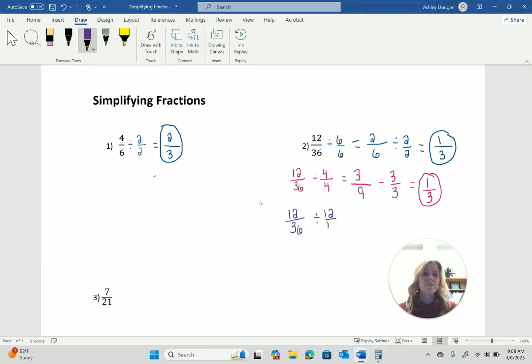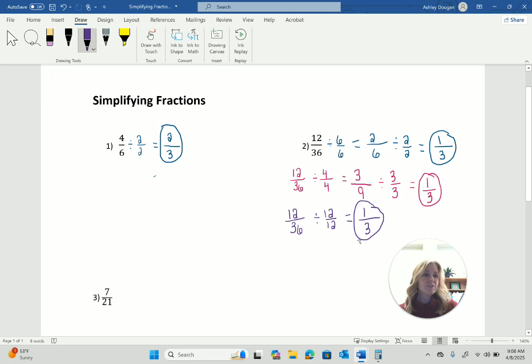If I'm going to reduce this fraction by 12, I'm going to get 1/3. If I choose the largest number that divides evenly into the top and the bottom, then I just have one step.